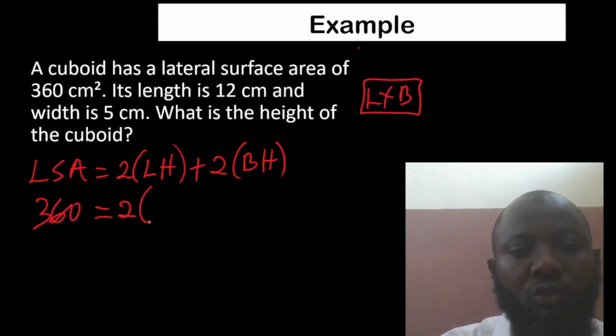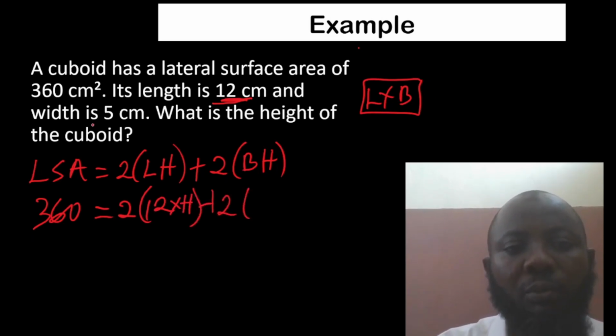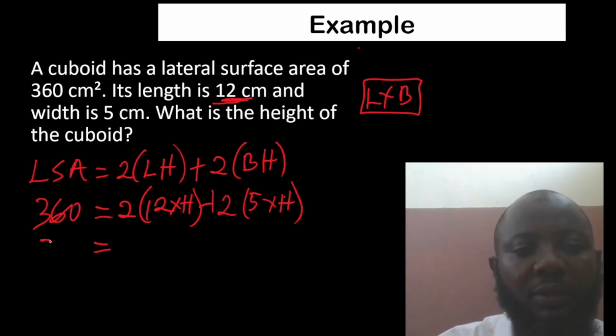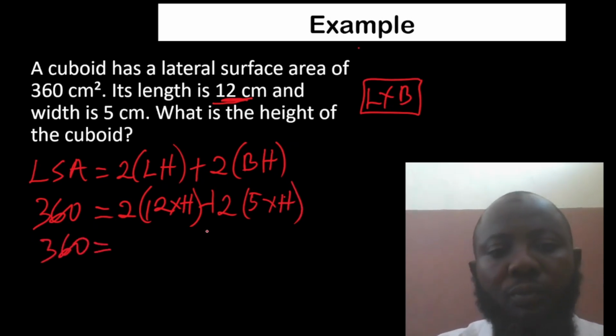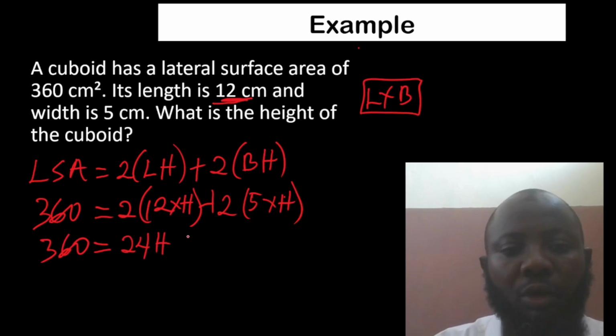Now we have been given the lateral surface area to be 360 centimeters squared. Then 2 into length, which is 12, times the height, which is what we are looking for, plus 2 into the breadth, 5, times the height. This is 360. So this will give us 24h plus 10h.